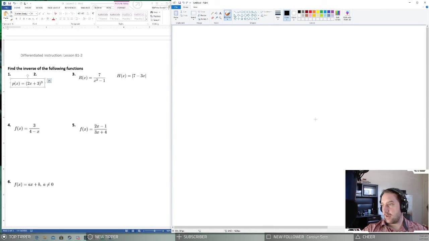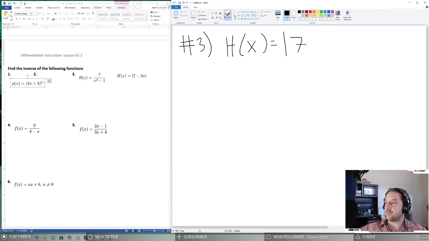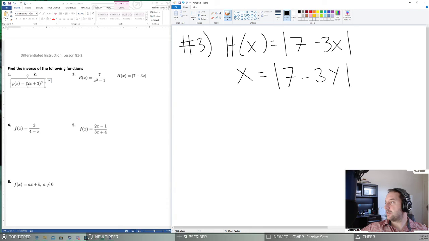So let's look at number 3. So h of x equals the absolute value of 7 minus 3x. So we switch the x and y. Now to get rid of the absolute value, remember we break it into the two equations, one positive, one negative.